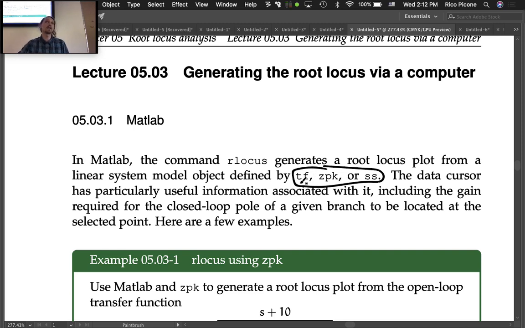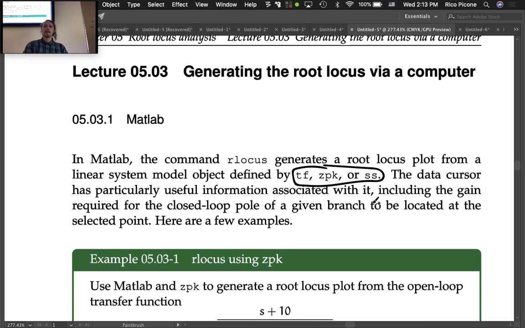If those polynomials are factored out, so you can see the zeros and the poles, or if you just know the zeros and the poles of the open loop transfer function, define it with ZPK, and we'll do an example of TF and ZPK in class today. Or SS, if you have a state space model with your A, B, C, D matrices, which we learned to generate from the linear graph modeling technique.